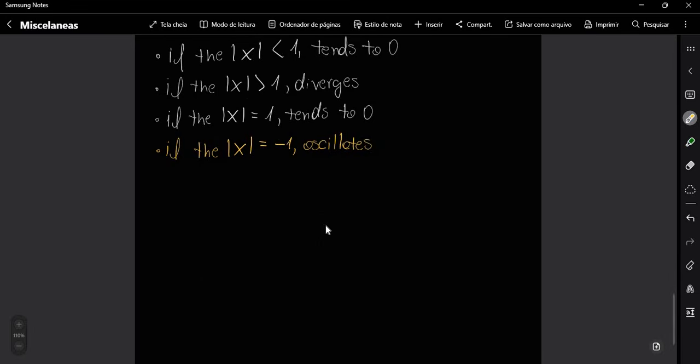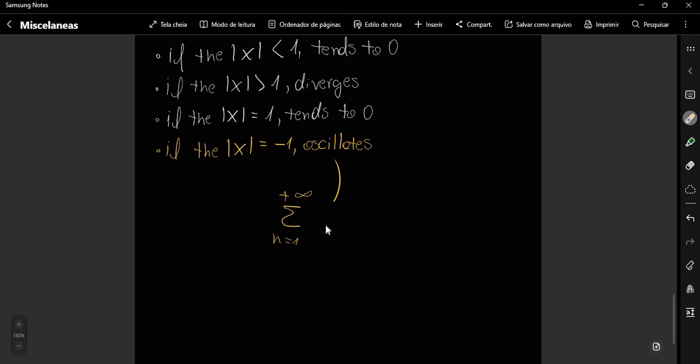Okay, and we can represent this right now having x as minus 1.